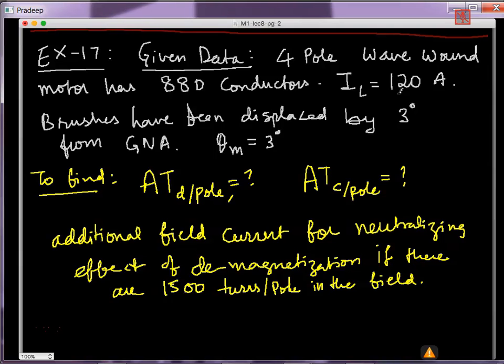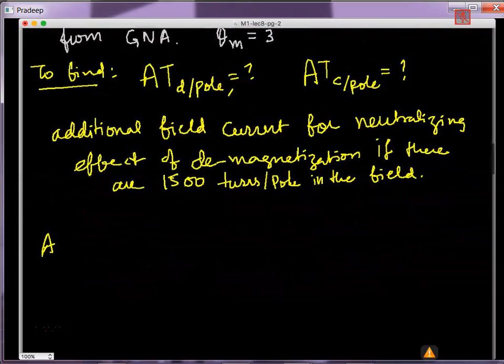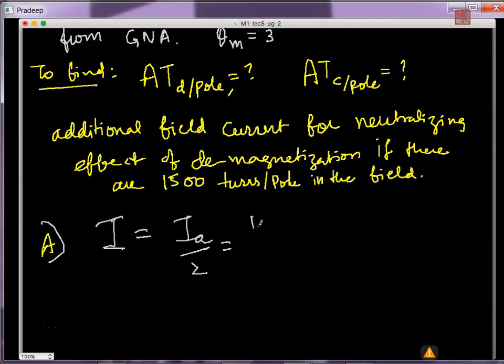In wave winding, the number of parallel paths is 2. So I equal to IA by 2, that is 120 divided by 2, that is 60 amperes.